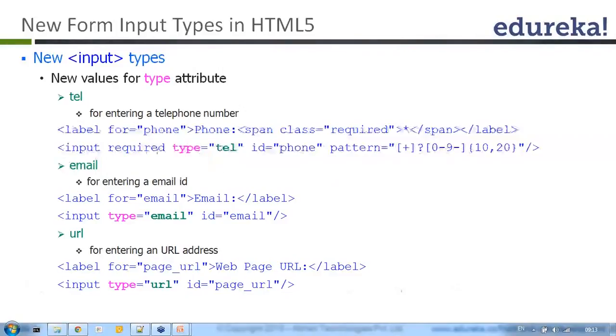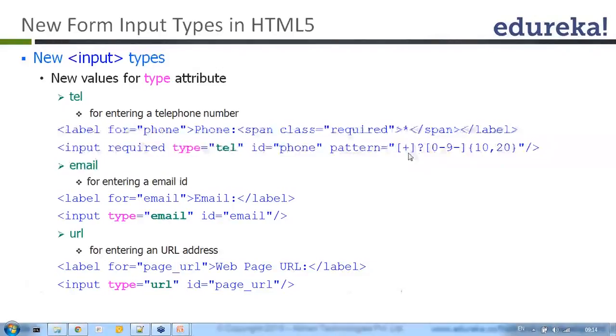thing is, most probably the browsers will handle that, since it's a telephone number, and can do the validation. But if the browser is not doing the validation, you can always specify a regular expression pattern, which will be used to validate the data.